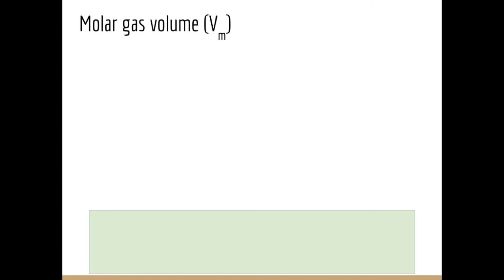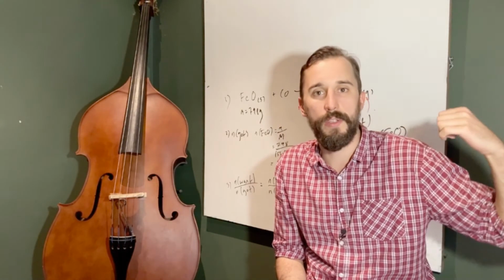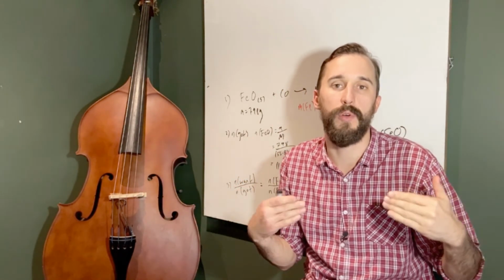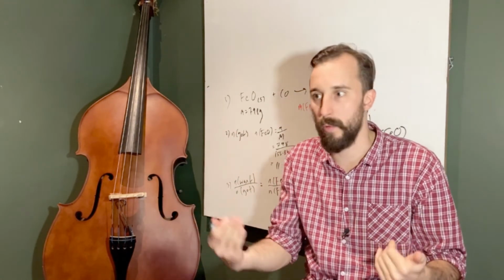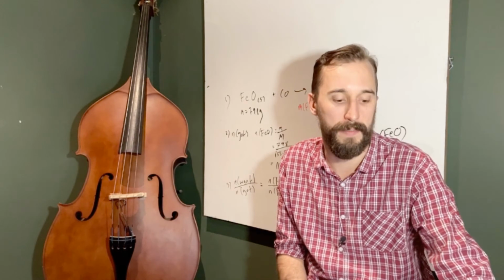Now we're going to introduce another concept called the molar gas volume, and this is another useful thing that we can use when doing stoichiometric equations with gases. If we remember old mate Avogadro, he was the one who had his constant where we have 1 mole of a substance containing 6.023 times 10 to the 23 particles of that substance.